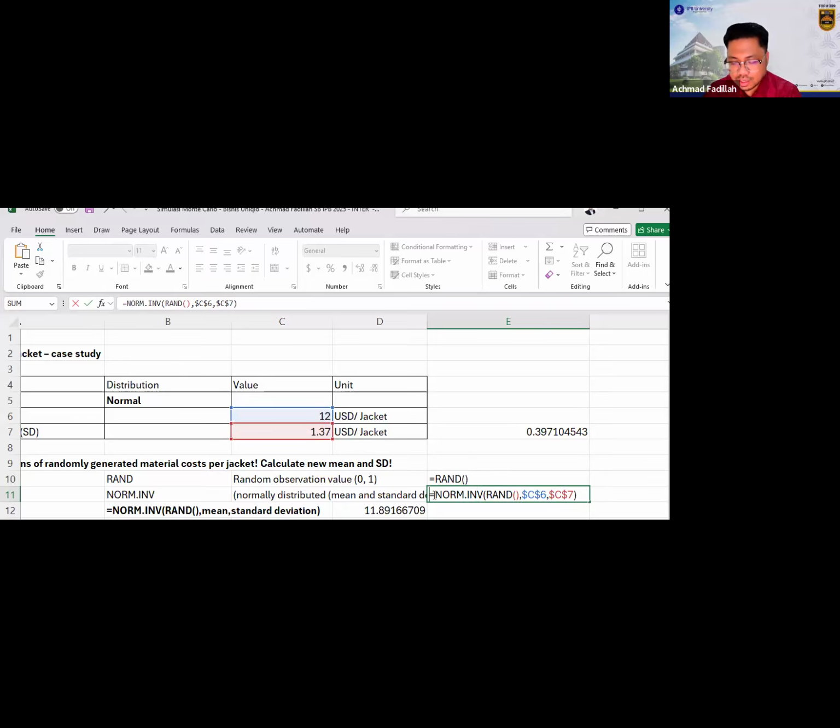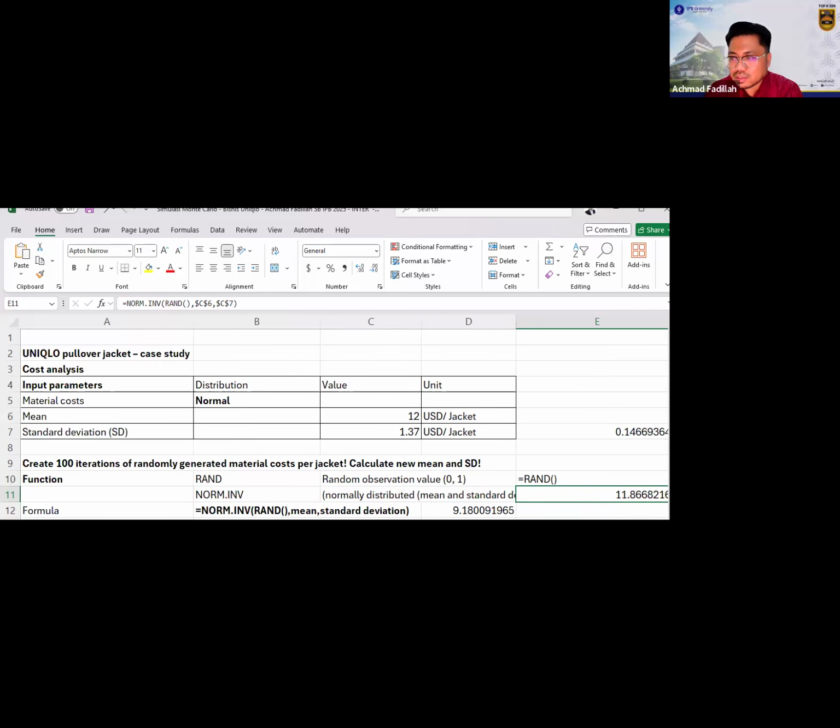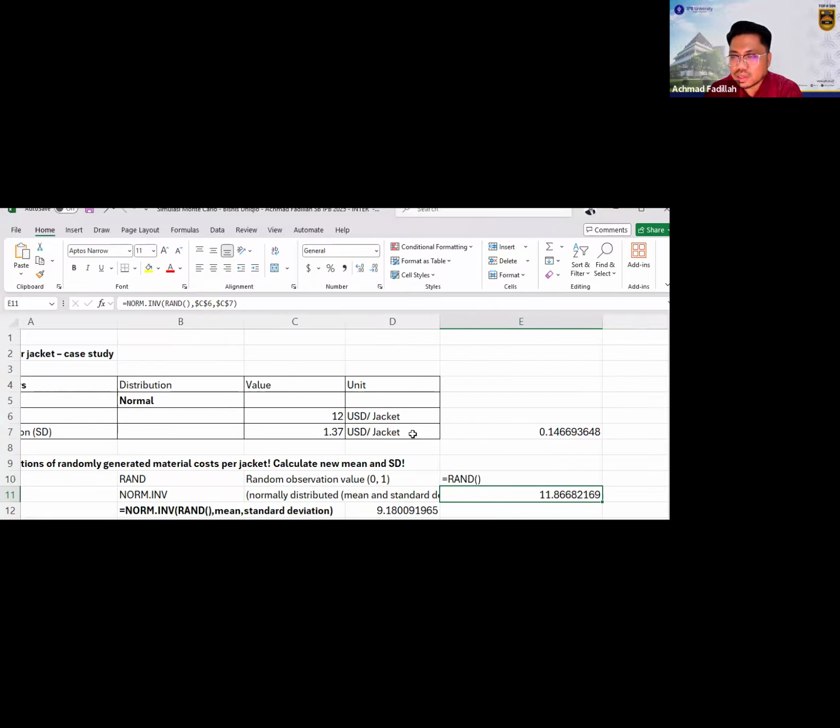You can try here, every time you make this, you can see the formula doesn't change. Like I mentioned, even though the mean is 12 in terms of the price, it can be lower. You can see here it's lower, and then in this situation it's higher. That's about the fluctuation of the price of the material cost of the pullover jacket of Uniqlo.